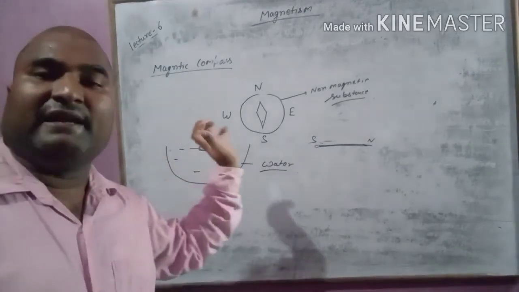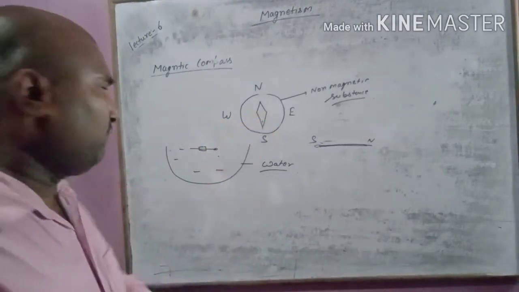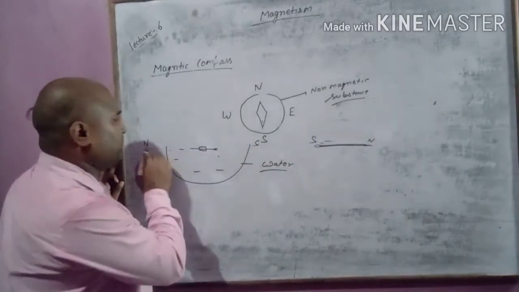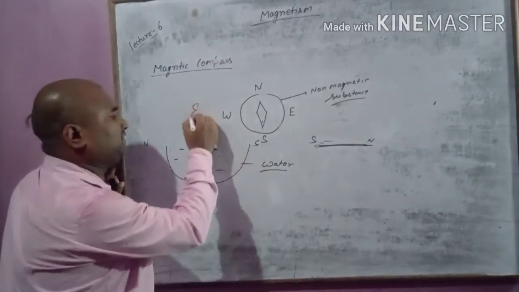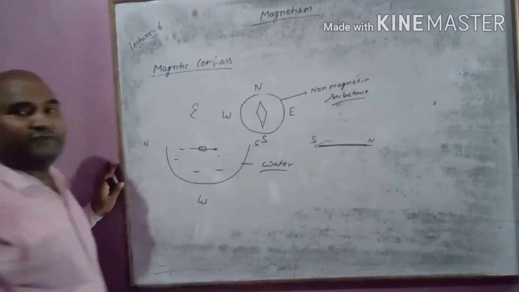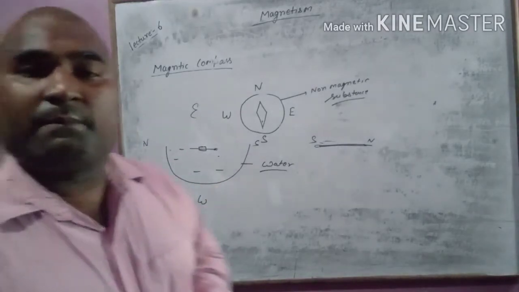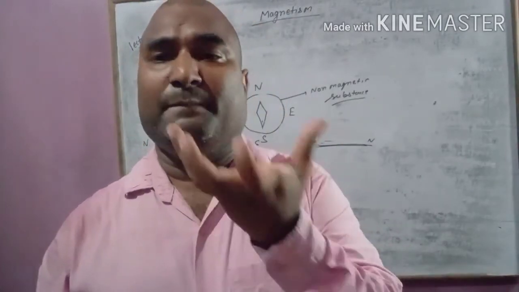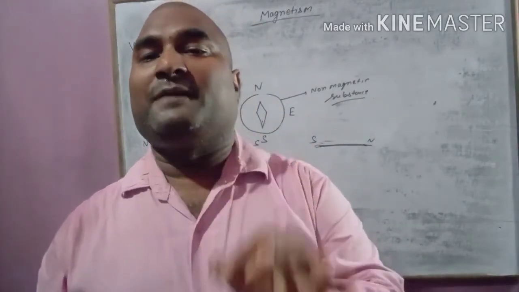So automatically it will orient itself along north and south. So when you know north and south, you know this is the east, this is the west.